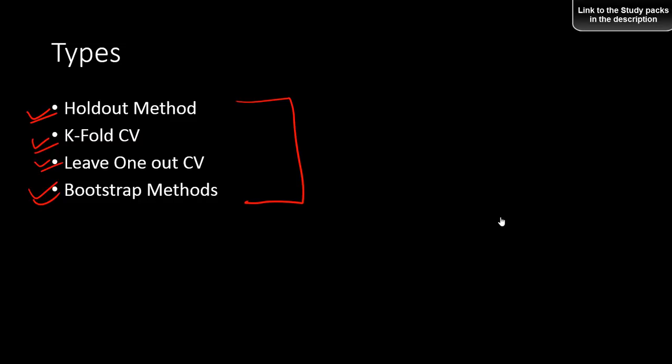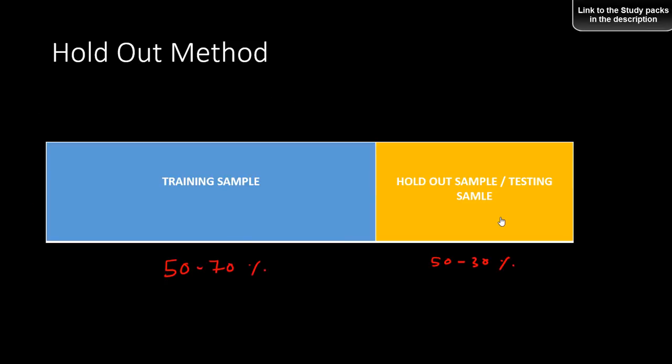The first one is very popular, and I'm sure if you have ever built a model, you must already be knowing this one, just that you may not be knowing the name of it. It's probably the trivial one. You divide your sample into two different samples. One is the training sample and the second one is the test sample or holdout sample. You build a model on the training sample.